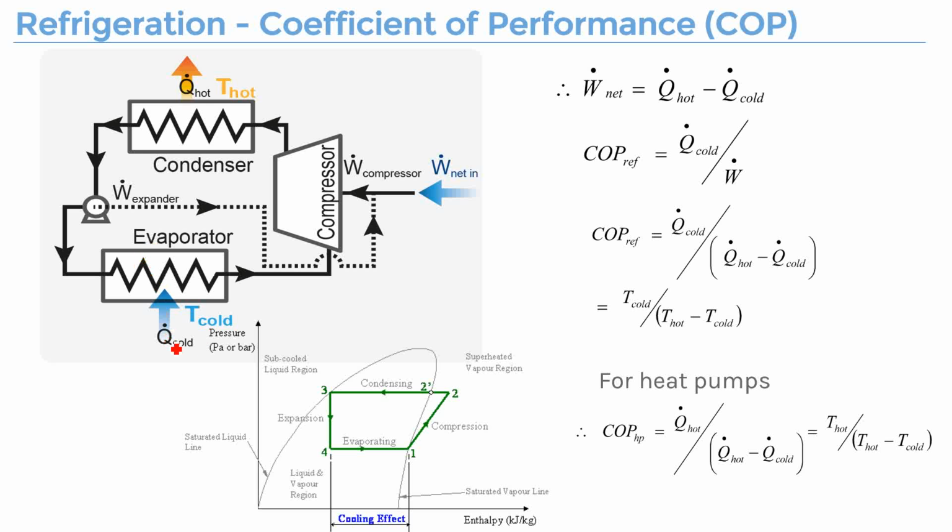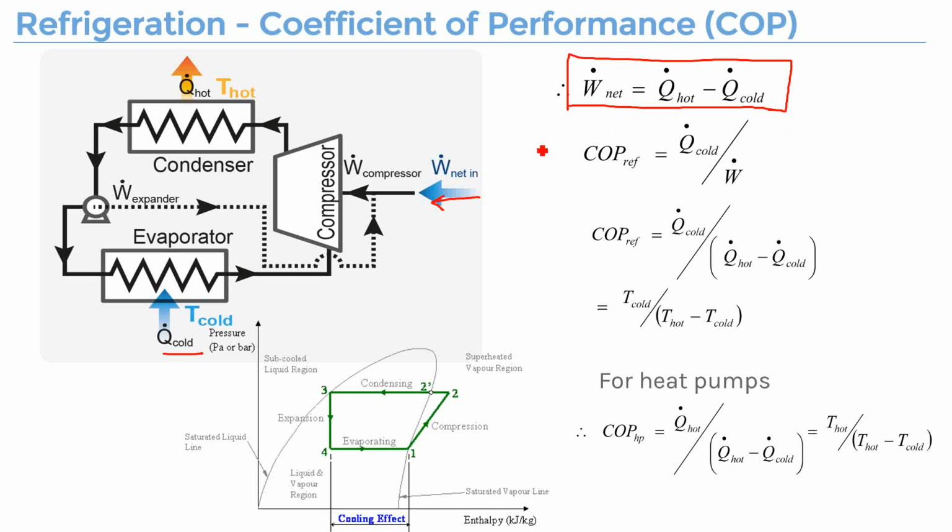So that's Q cold. And when it comes to the compressor, we are providing work input to compress this refrigerant vapor. So the energy balance is Q cold plus W equals Q hot, or the net work input equals Q hot minus Q cold. That's the basic energy balance we need to know.